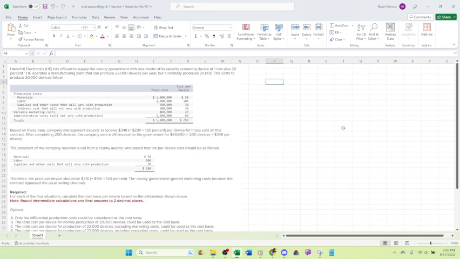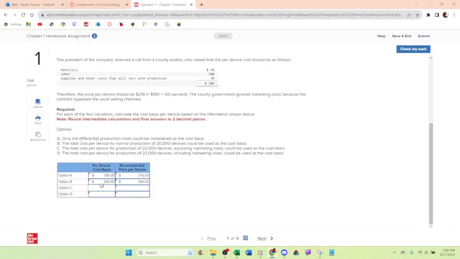Is C and D a trick question because the cost per device doesn't actually change? So all you do is take the answer you got for the previous part. Don't you just take 290 minus 20, 270? Why would it differ?